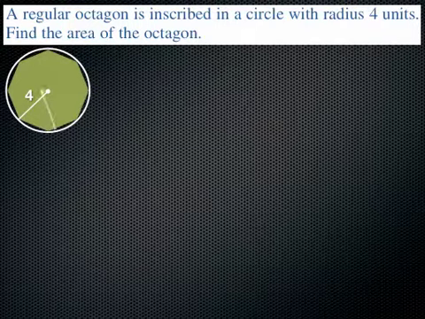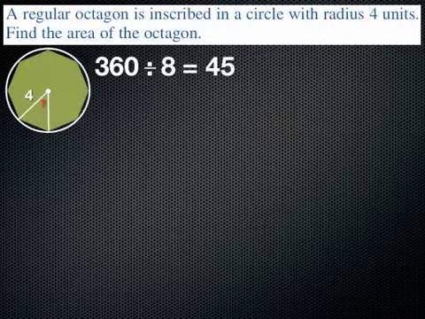So I'm going to go ahead and draw another consecutive radius. Find the measure of the central angle. In this case, I have 8 sides because it's an octagon, so I need to take 360 and divide it by 8. And when I do so, I find that my central angle measures 45 degrees.